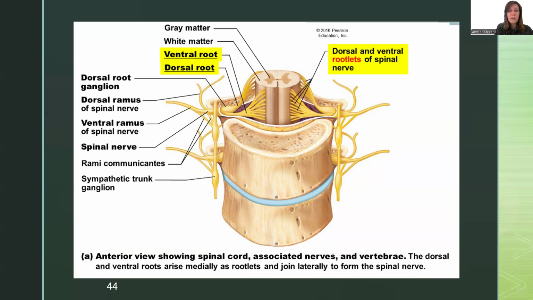The ventral ramus is the larger branch and it serves the anterior and lateral body trunk and the limbs. It forms the nerve plexuses in regions like the cervical, brachial, lumbar, and sacral areas.